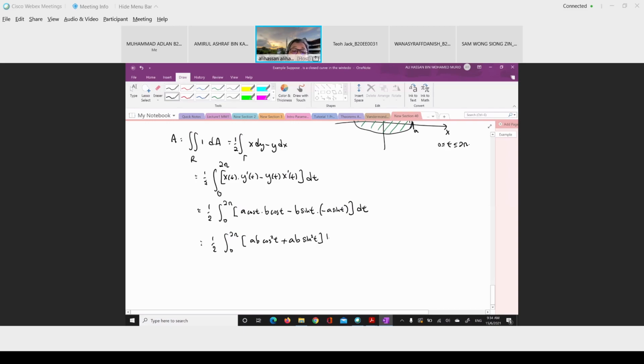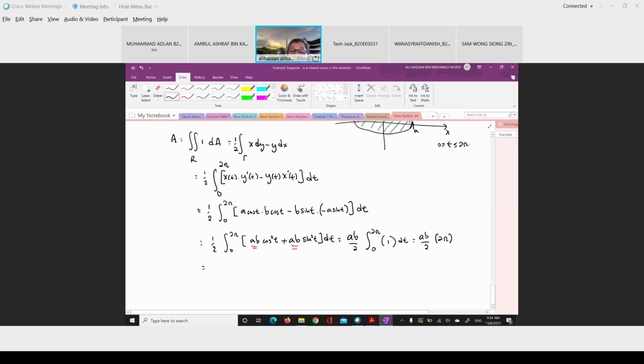We can pull out the common factor ab here. So we get ab over 2, the integral from 0 up to 2 pi of cosine squared plus sine squared, which is 1. That integral is 2 pi.